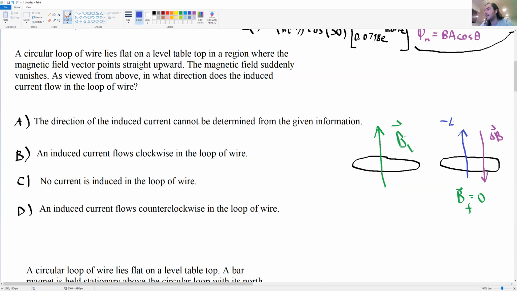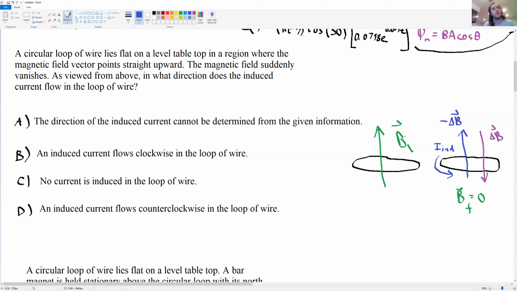So this is minus delta B, and we apply the right-hand rule to minus delta B. That tells us that the current will be flowing in this direction. I can stick my thumb in the minus delta B direction and the current will come out at me on the left side and in on the right side.